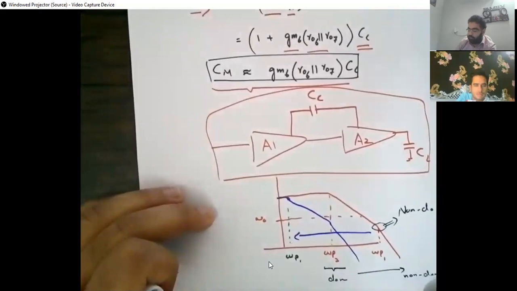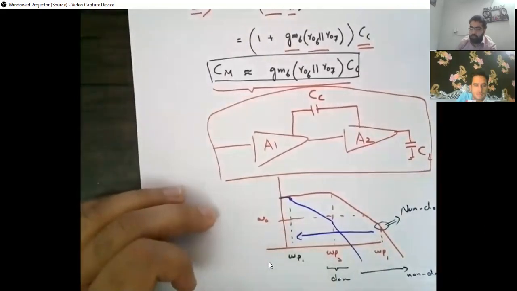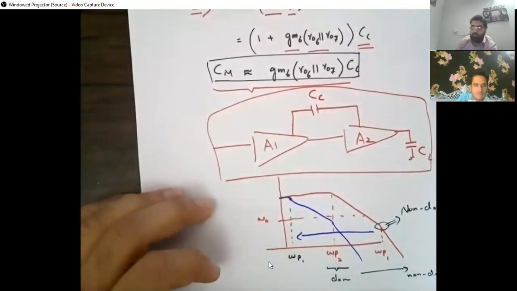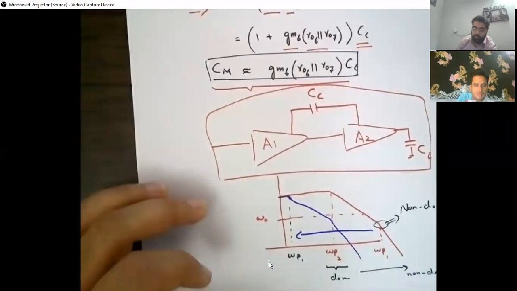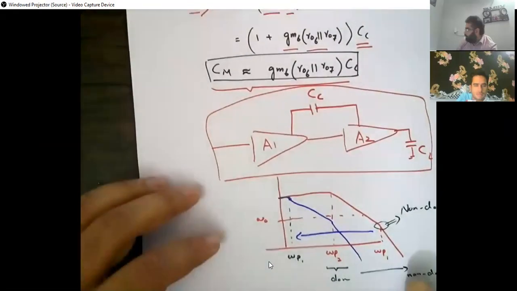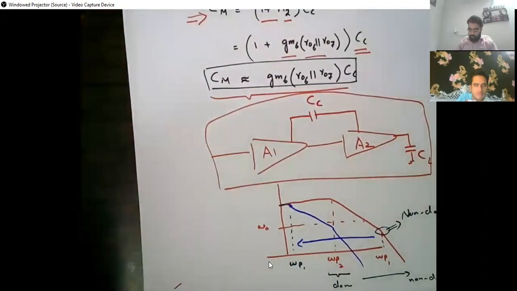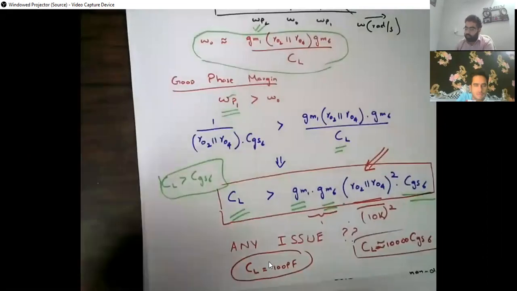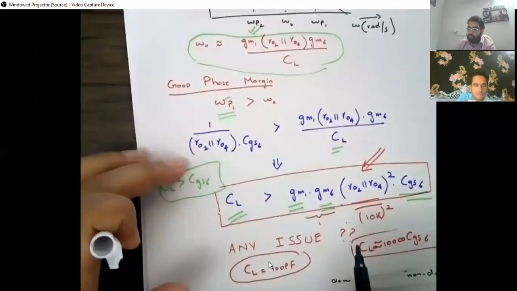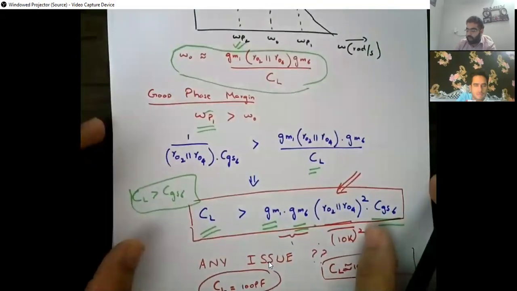Because of this shift, the unity frequency changes, and because of that change the phase margin ultimately improves. The condition on CL, which was previously very big, if we recall, was that CL should be greater than gm1 times gm6 times the parallel combination of ro2 and ro4, whole square, times Cgs6.